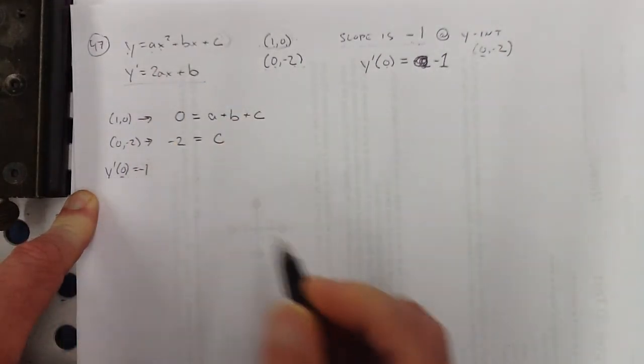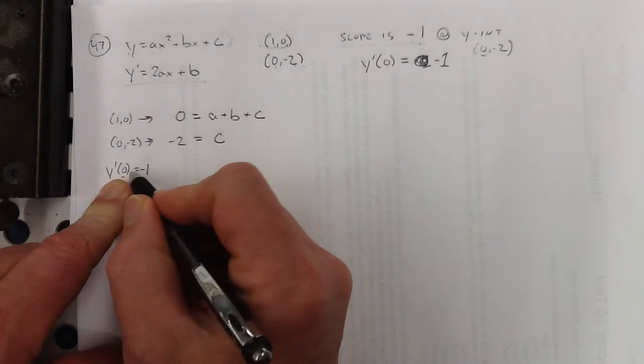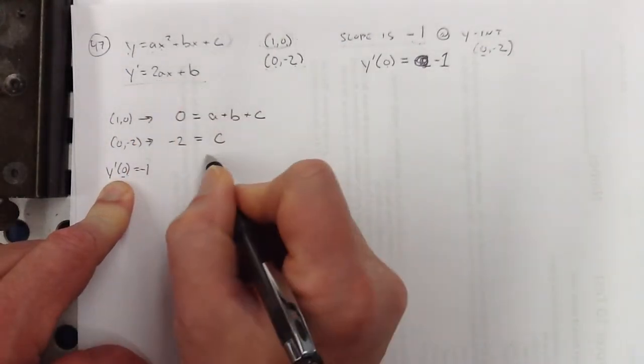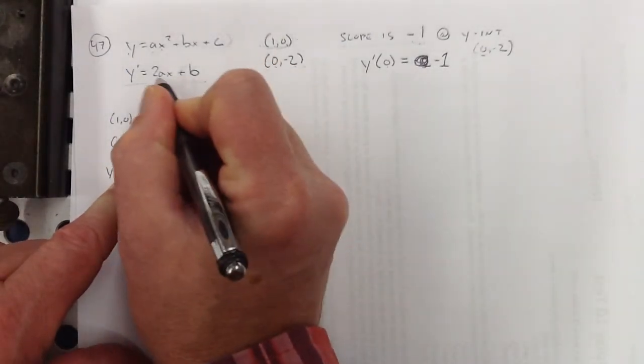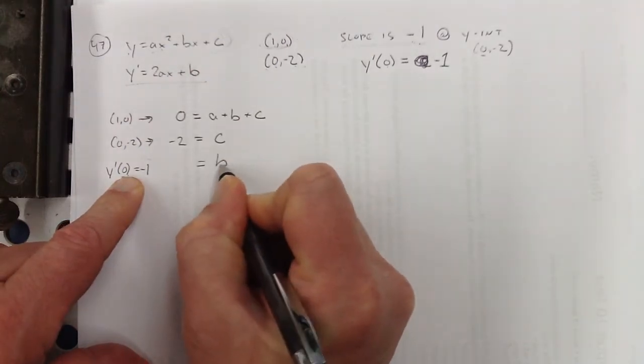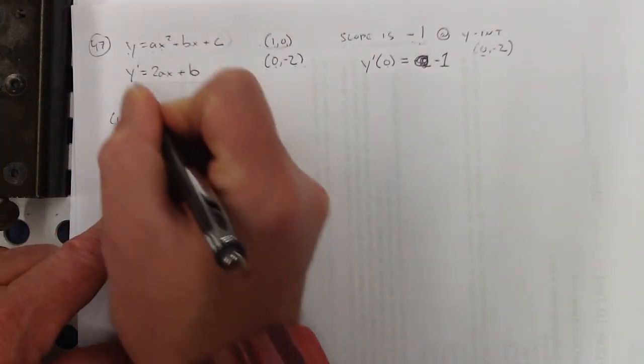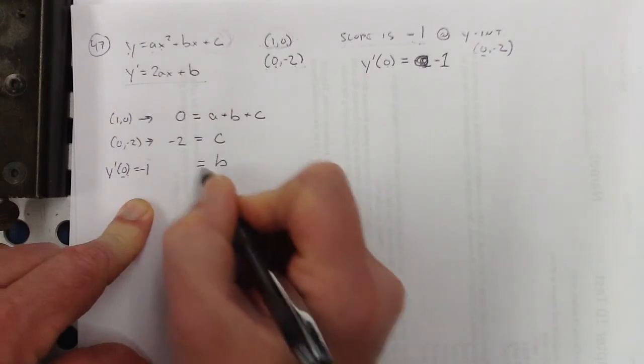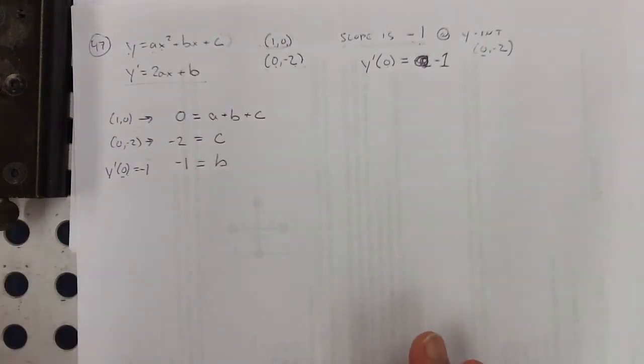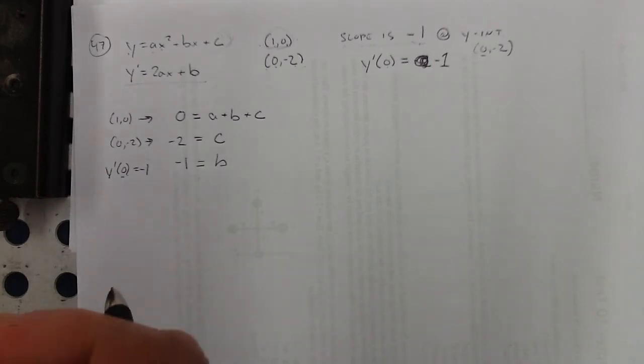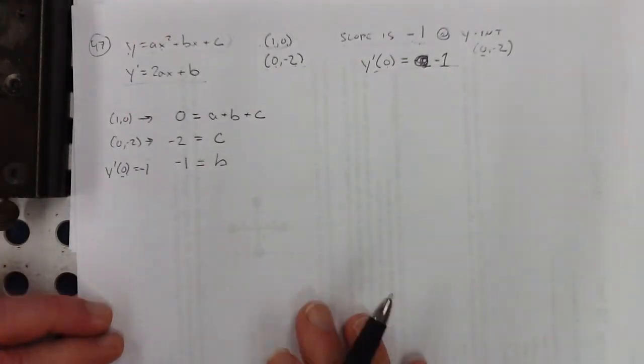This is information about the derivative. So I plug in 0 into the derivative, and that knocks that out. I just get b equals, and then y prime is -1 there. So it's kind of like plugging in a point, but we're plugging that information into the derivative because it's information about the slope.